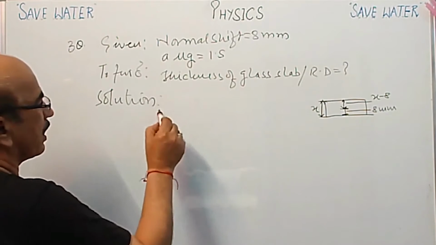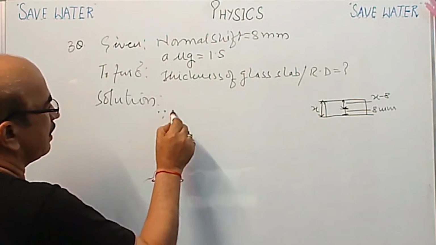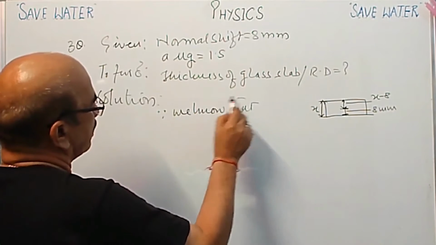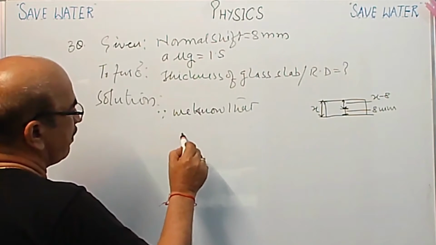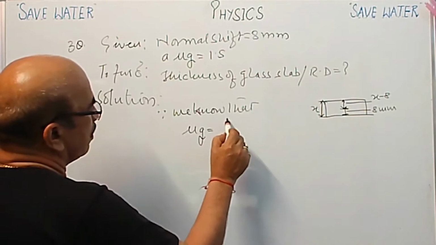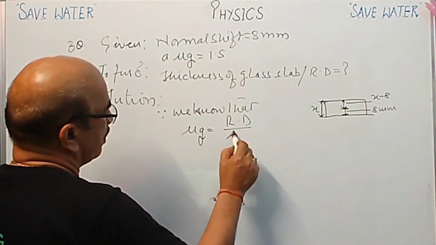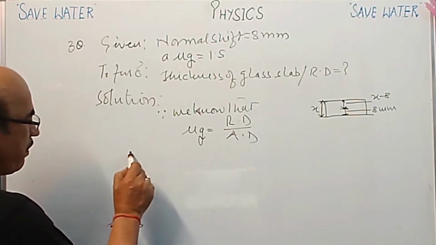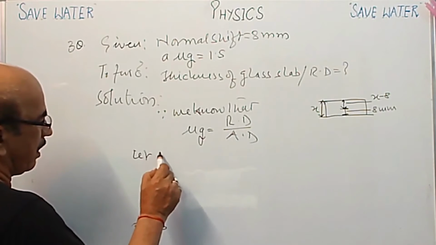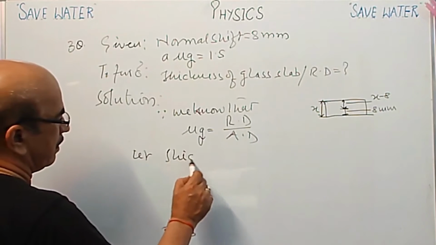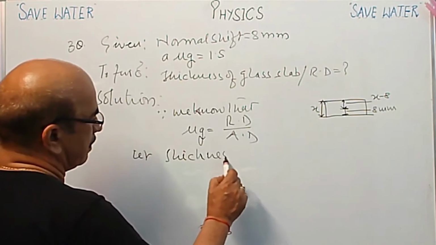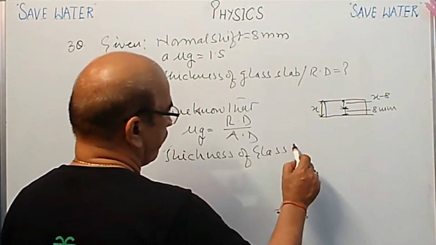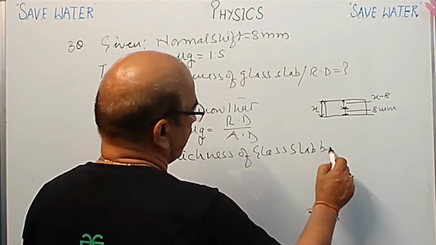Okay. Now the solution. So we will use the simple formula in this. Since we know that the refractive index here of glass is equal to real depth upon apparent depth. We will use this formula. So in this, first we will write: let thickness of glass slab be x.